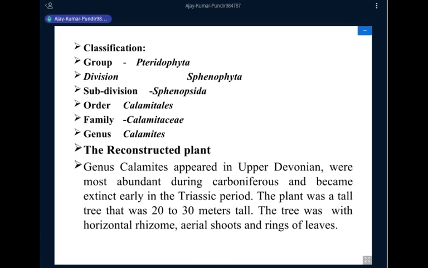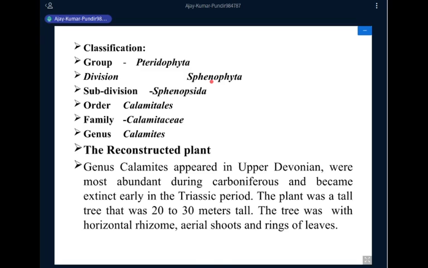They have a very specific, extraordinary vascular system in the stem, with carinal canal and vallecular canal, and the sperm is biflagellate.